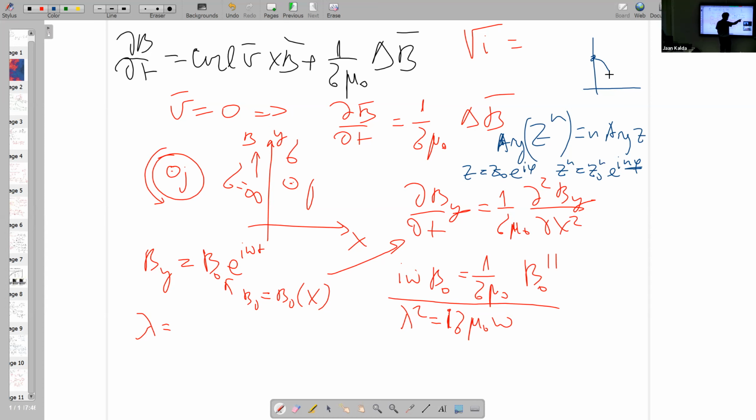You need the square root of the modulus, but the modulus of i as a complex number is unity. So this is on a circle at 45 degrees. Here is the square root of i. And because of that, the square root of i is 1 plus i divided by square root of 2. That's it.